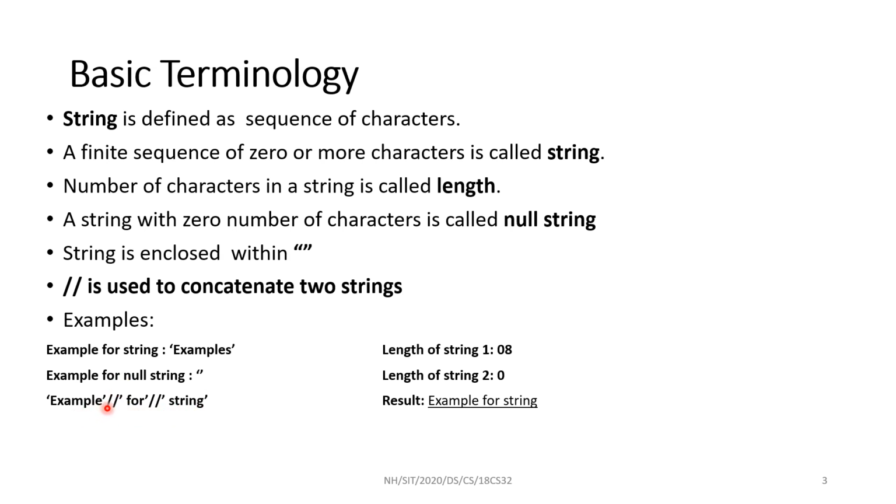Example slash slash for, that is joined. To this, the last word is joined. The result is example for string. As you can see, there is a space. Everything is retained, but they are joined. It produces the resultant string.